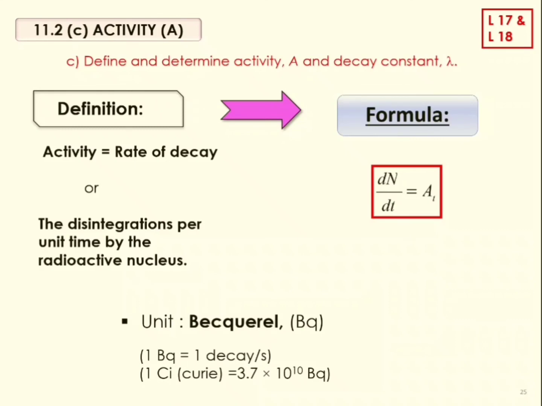The unit for activity is becquerel, Bq, and the other unit is curie. 1 curie equals 3.7 times 10 to the power 10 becquerel. 1 becquerel also equals 1 decay per second.